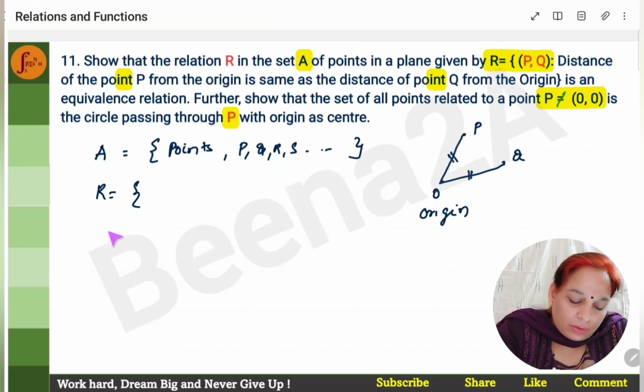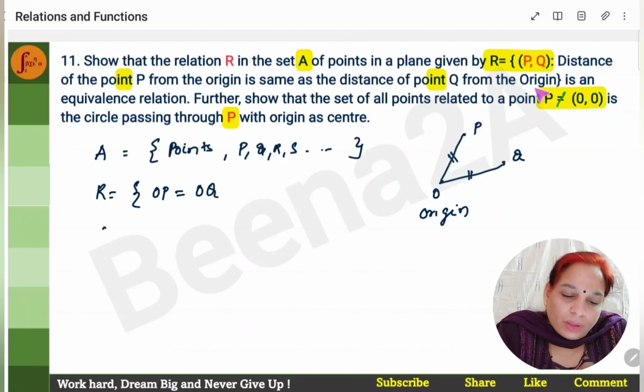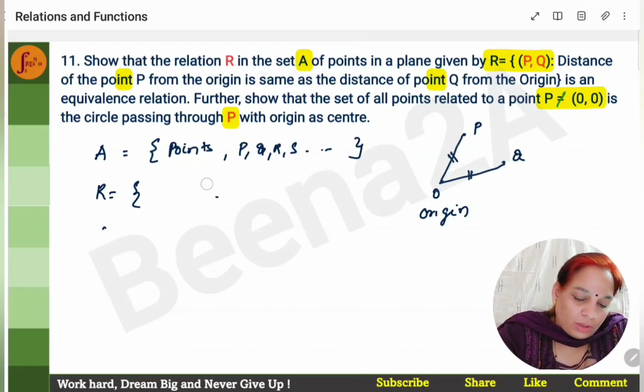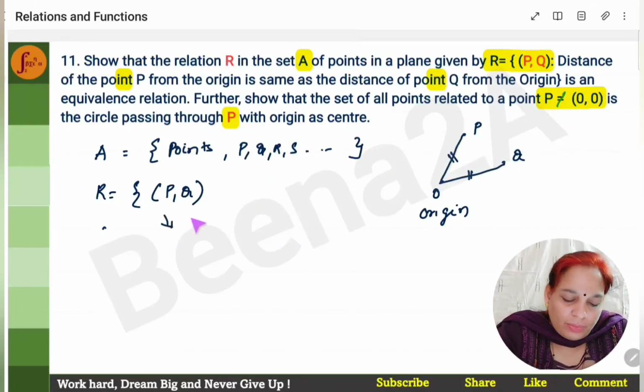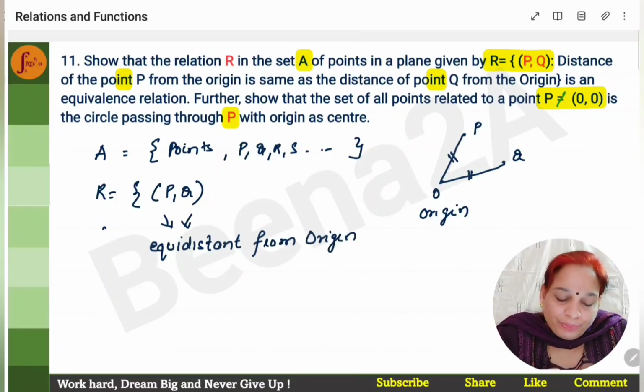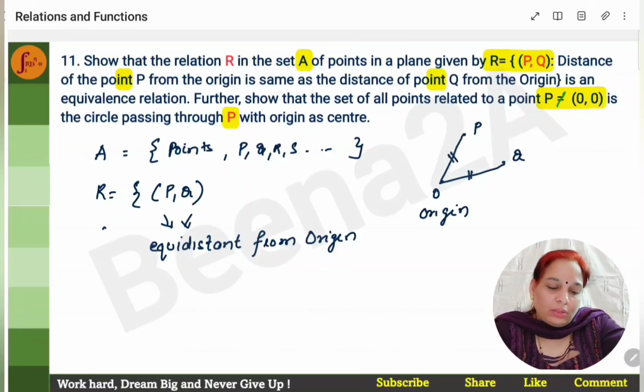That is OP is equal to OQ. Now, how will I write the relation here? I will write it as (P, Q), where P and Q are equidistant from the origin. So this is the relation.